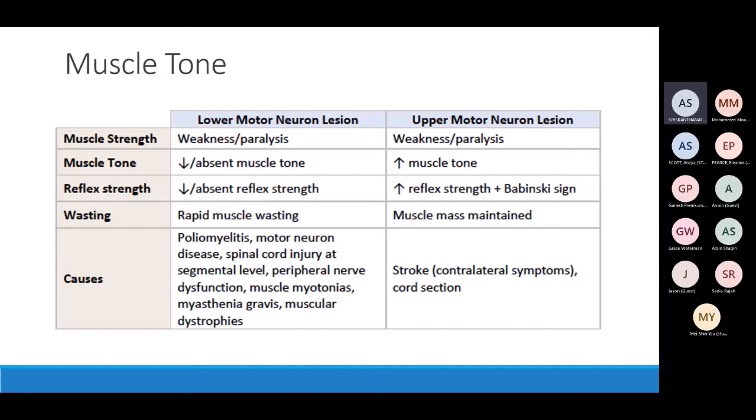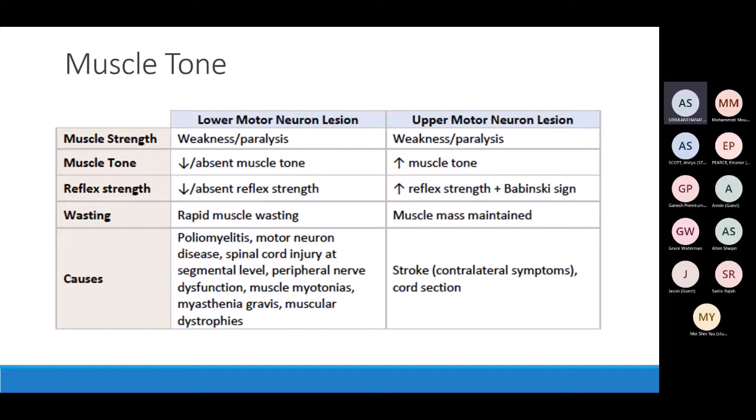So for example, your leg will just feel a bit like jelly, very flaccid. The reflexes will be weak as well, or sometimes absent. And you'll see muscle wasting because the muscles aren't really being stimulated at all.